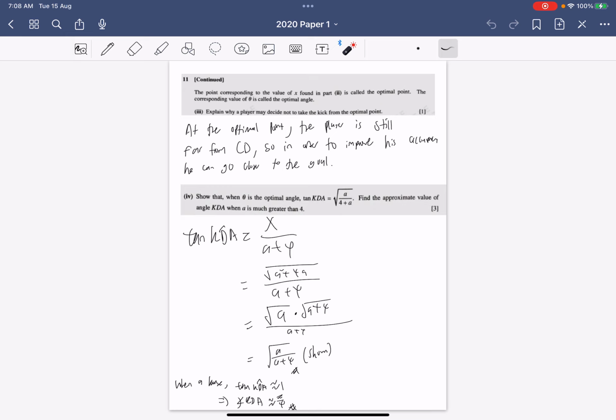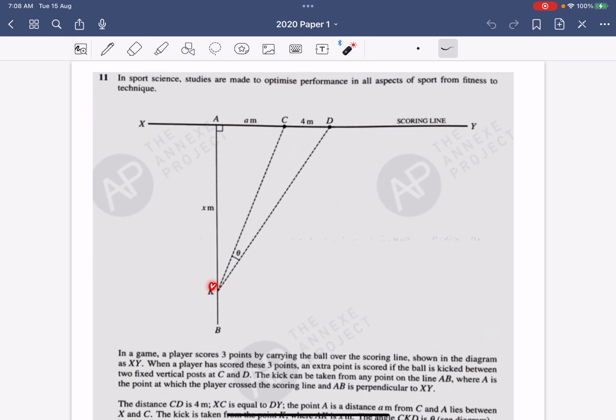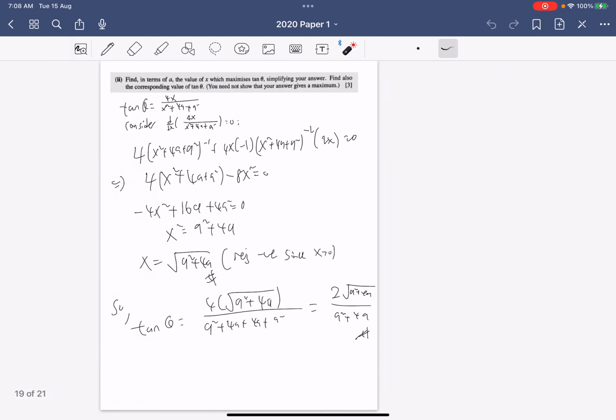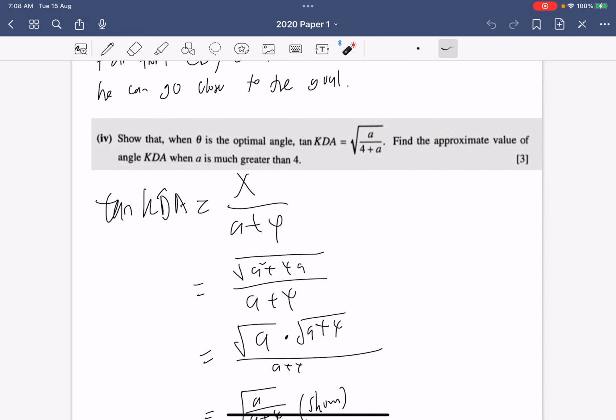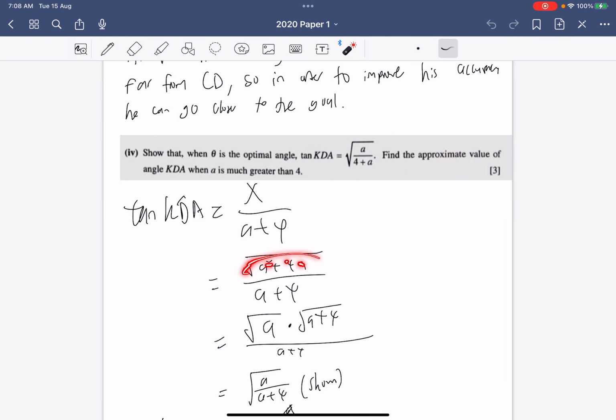When theta is at the optimal, now we are supposed to show tangent KDA is this. Well, tangent KDA is what? If we see from the graph, this tangent KDA is x over a plus 4. So x over a plus 4, we already know what x is. x is square root a squared plus 4a.